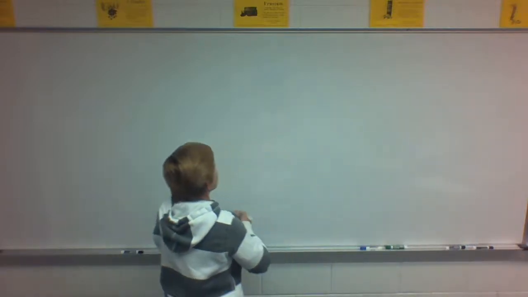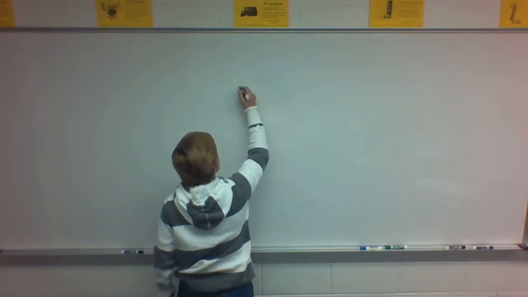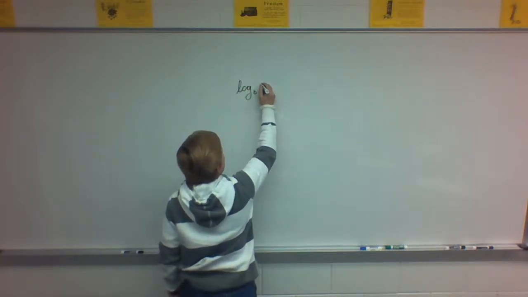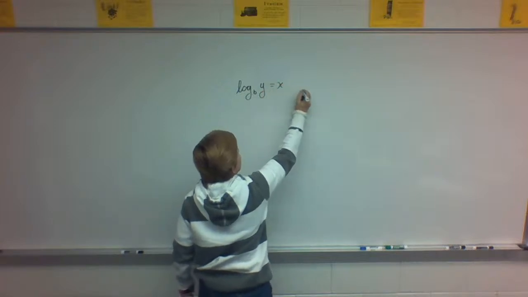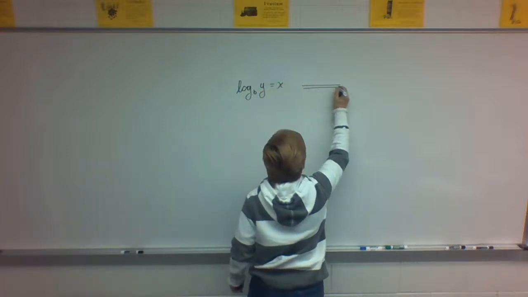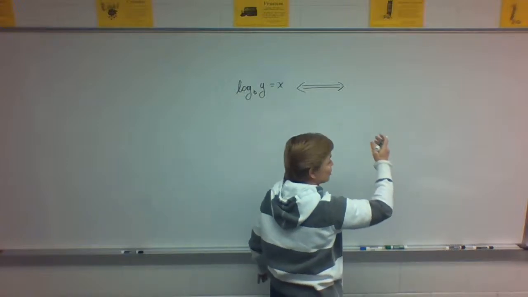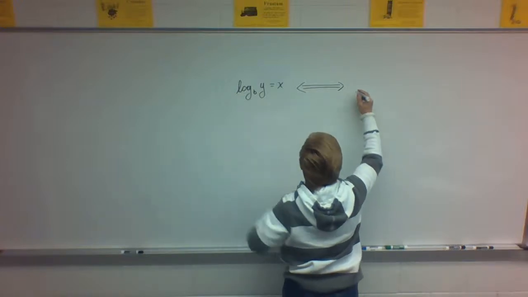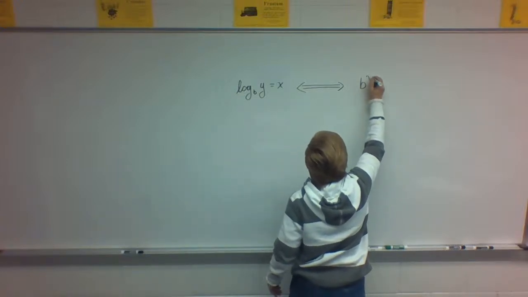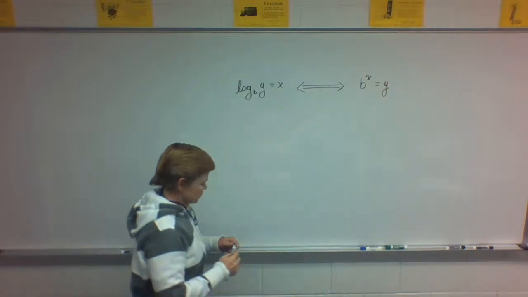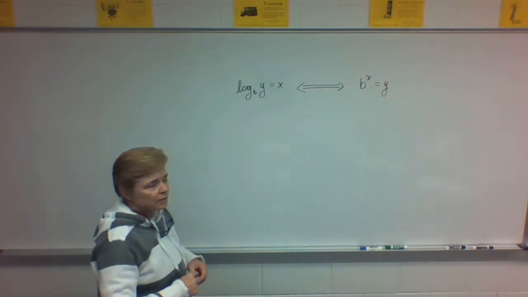We're going to go back to this idea up here that says if you've got the log base b of y equals x, that is exactly the same thing. This is the most important thing you'll learn in this chapter. It's the most important thing you learn about surviving any chapter on logarithms, being able to go from here to here, and backwards. That's the reason I've got arrows on both ends of that.